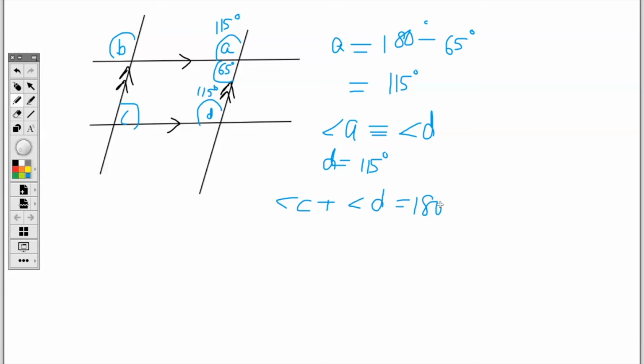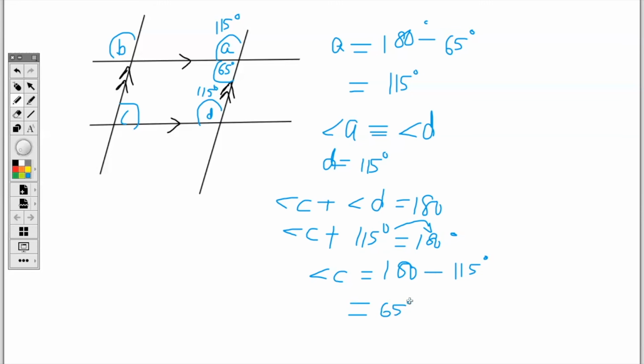So finding out what is angle C, it will be 180 minus the angle D. So let me just replace angle D with 115 degrees. Then I carry this over the equal sign, so that's why it becomes 180 minus 115 degrees. So angle C is actually 65 degrees.